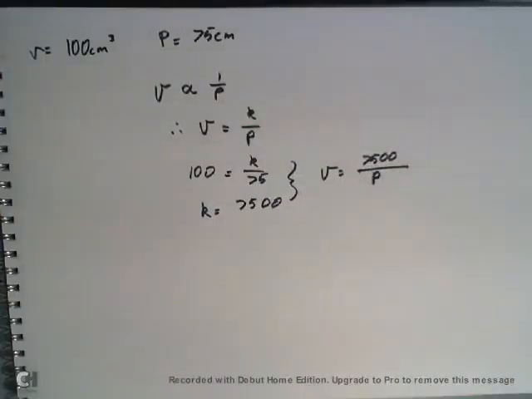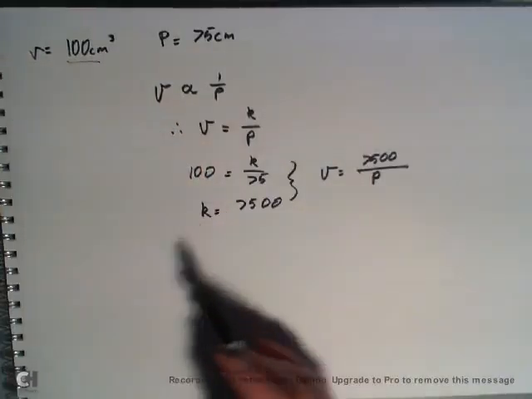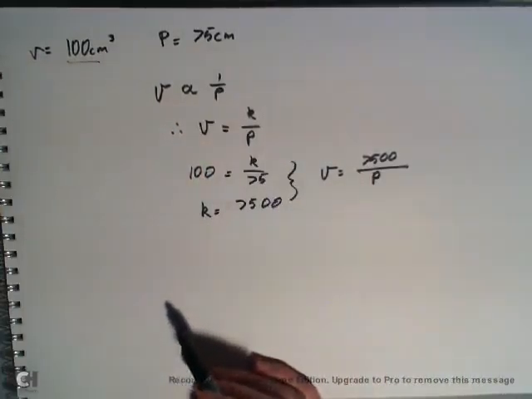Now, part B says the container is connected by a hose to an empty container of volume 50. Find the pressure of the two containers. The two containers are connected and can be thought of as one. Because we're connecting them, the combined volume is going to be our initial 100 plus the 50 from the question.